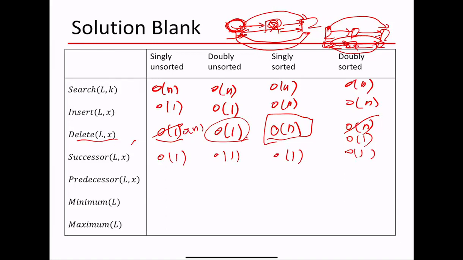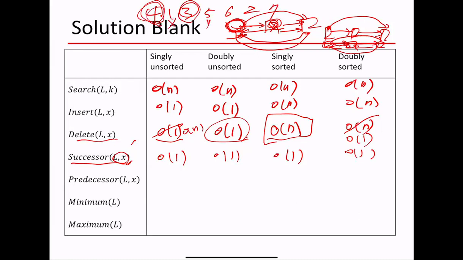So successor meaning who's after me. So successor in the numbers 1, 3, 5, 6, 2, 7. Let's say from 4. Successor of 4 is not 1. Successor of 4 is 5.